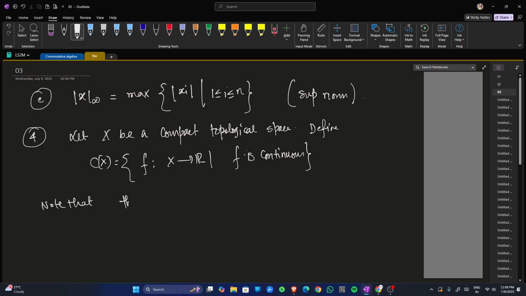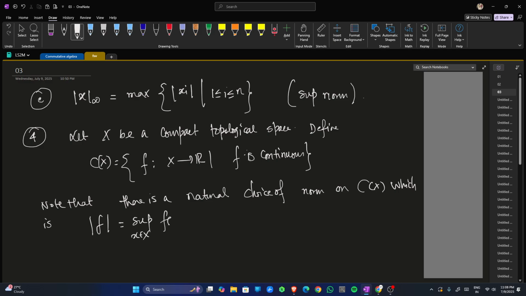Note that there is a natural choice of norm on C(X), which is the supremum over x belonging to X of |f(x)|.